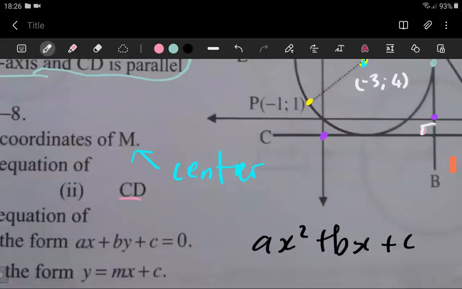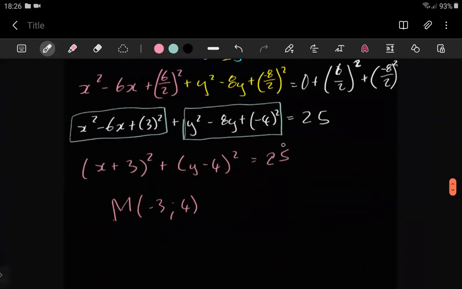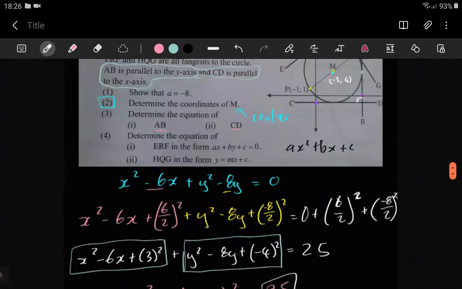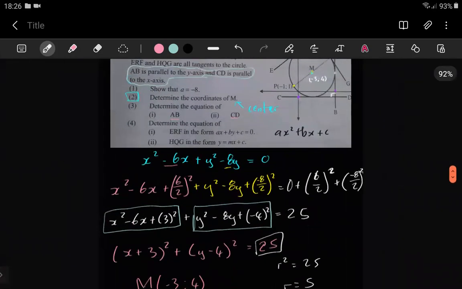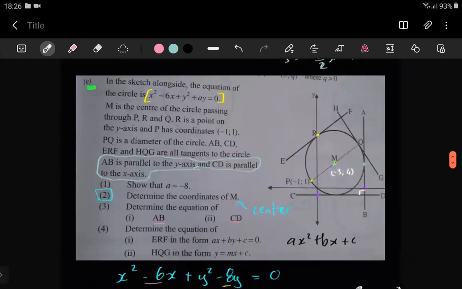Keeping in mind also that this has told us that our radius is 5. So we have quite a lot of information. What do you think we can do to get the equation of CD and AB?